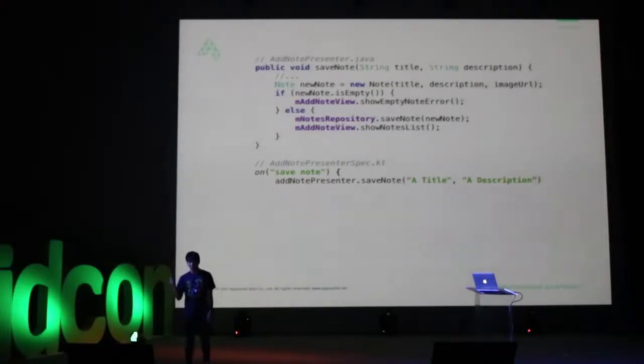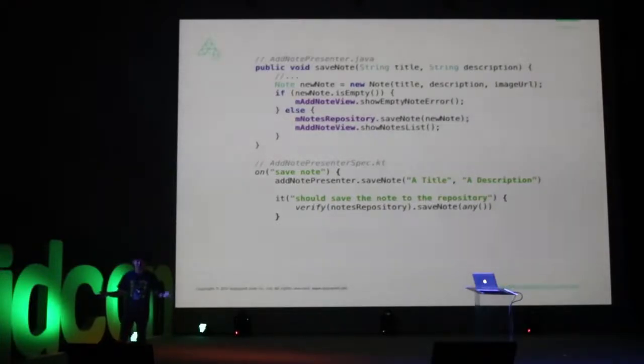Now, our spec. So we say on save node, and then we actually call a save node method, passing a title and a description. And we have this it closure that says it should save the node to the repository. And then we actually do an assertion here.